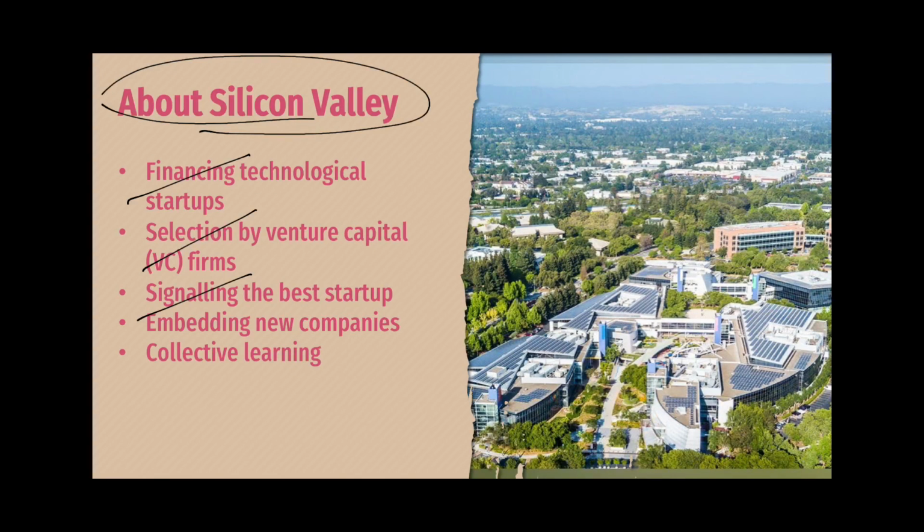Next is Silicon Valley also embeds new companies to existing ones, no? And also, Silicon Valley is a place for collective learning across all of these companies, right? So that's the role of Silicon Valley and why it is such a haven for technological innovation.